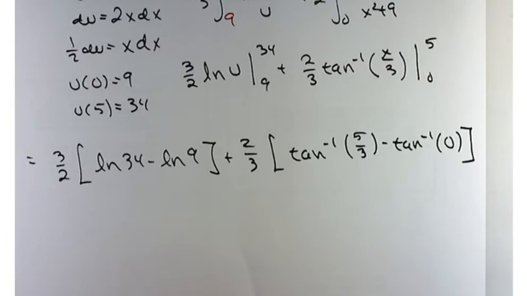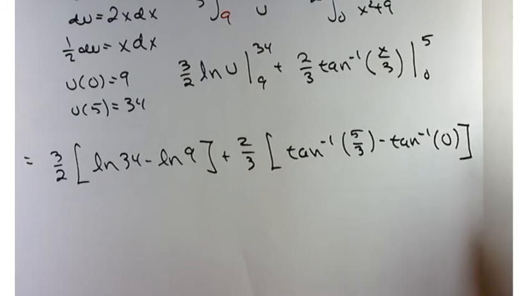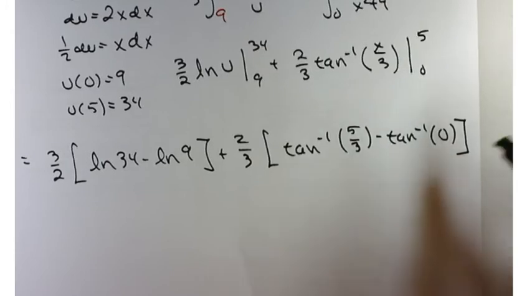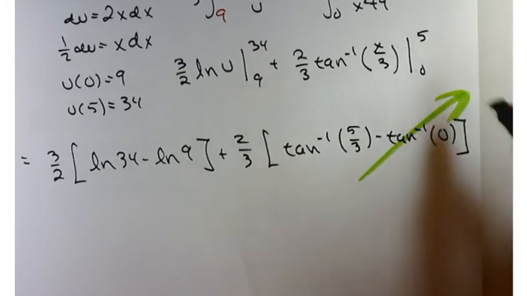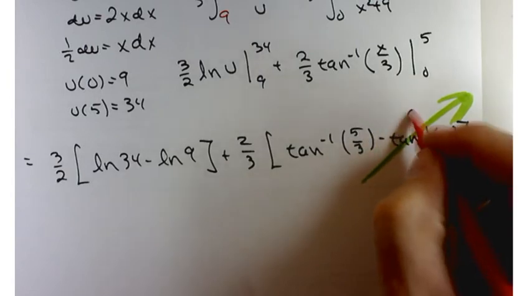There's not much in terms of simplification that I would be looking from you on a problem like this. There is one thing that simplifies pretty nicely. Does anyone see it? Arctan of 0. What's the tangent of 0? 0. So the arctan of 0 is also 0. So that disappears. That's just a big 0.